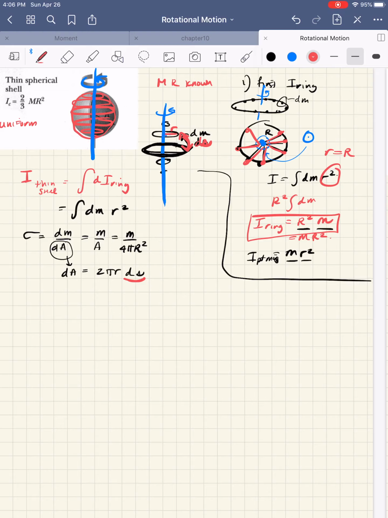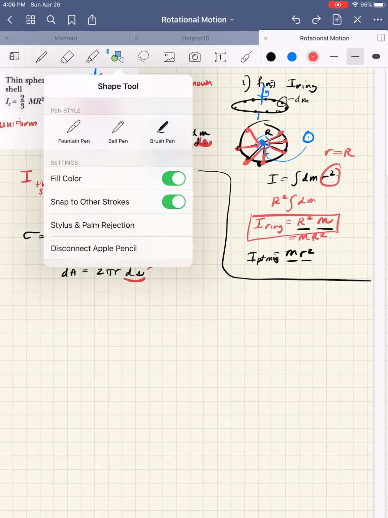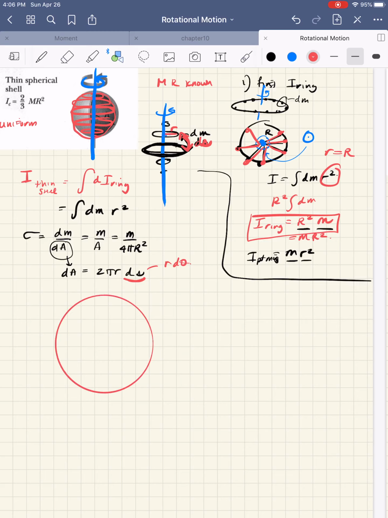Oh, excuse me. And ds is generally equal to r, not big R, it's little r, d theta. So let me draw that a little bit better for you so we can see it. If this is my sphere, and right here at the center of the sphere, I'm talking about a ring of some thickness.